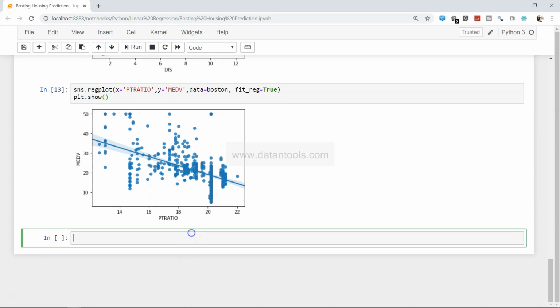After that, let's try the crime rate. That means the higher the crime rate, the lower the prices should be. That should be our hypothesis or assumption.